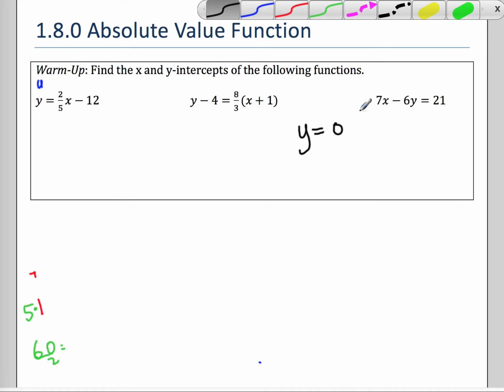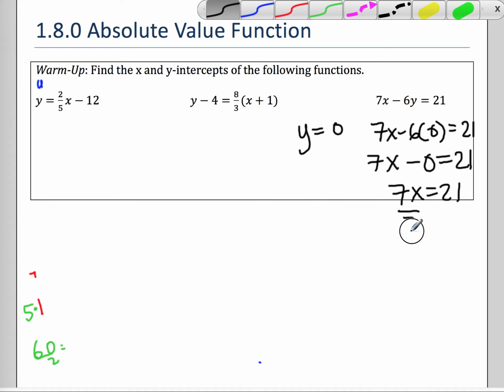So now we're working on this equation. I have 7x minus 6 times 0 equals 21. So 7x equals. We could have skipped that step, right, and just written 7x equals 21. Divide by 7. x is 3. So now I have the coordinate point 3, 0.